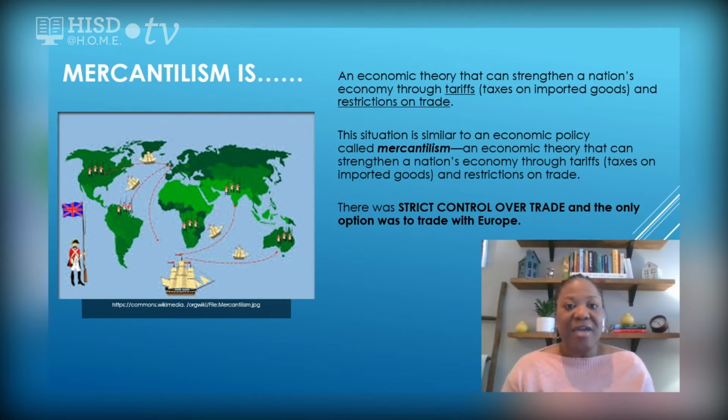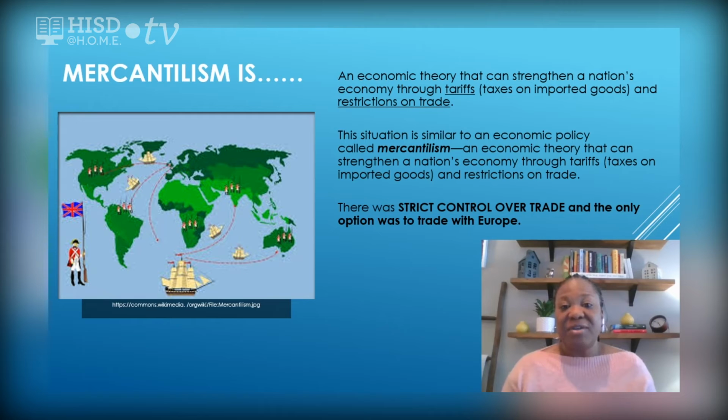It's a lot like when we start talking about mercantilism, the trade between the United States and Europe. They were not allowed to trade with anybody else. And so don't you think they took advantage of that? They added as much tax as they could. Well, this situation is similar to that economic policy called mercantilism.